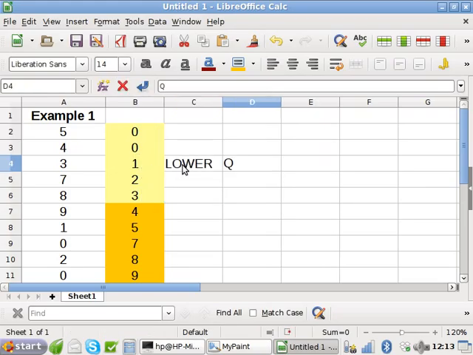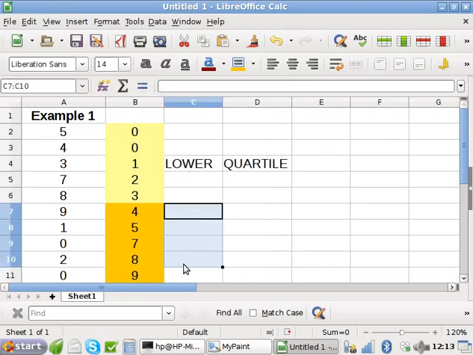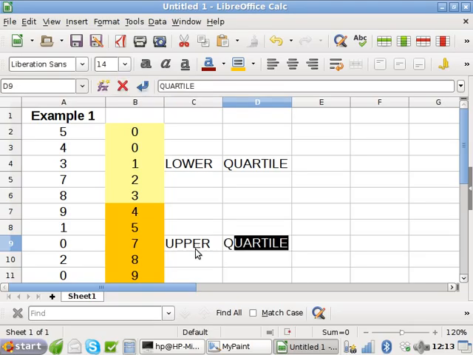So this is called the lower quartile. And here, this one, what do you think it's called? Higher quartile? Not quite. Almost. Upper quartile. Although higher quartile I think is okay as well.